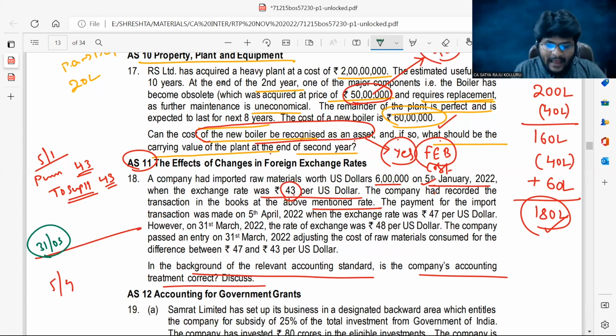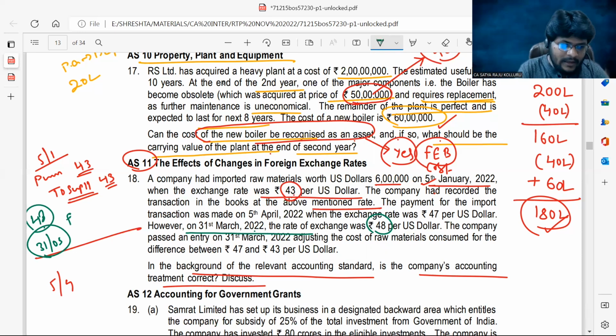Now you can check as on 31st March. It was given here that on 31st March 2022, the rate of exchange was 48. From 43 to 48, it jumped by 5 rupees, which is a clear-cut loss situation.